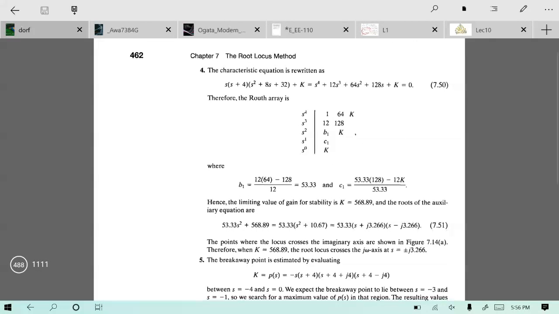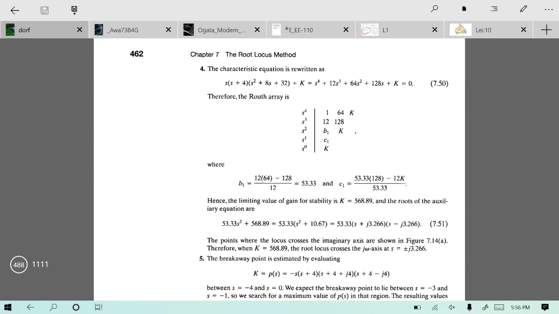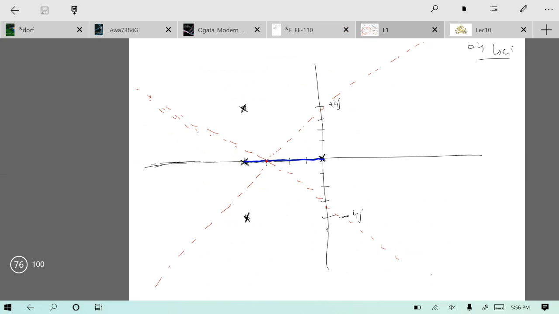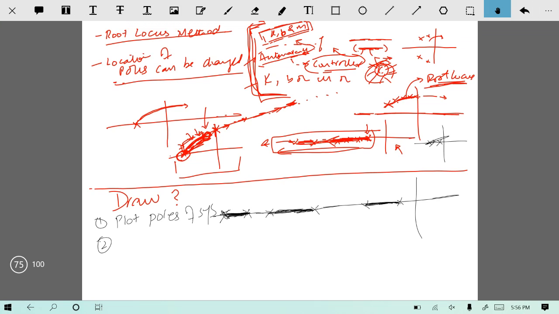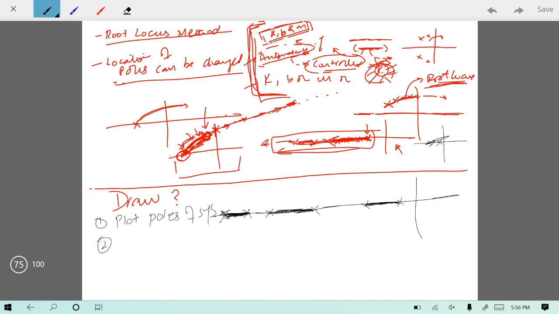Now the next step tells us when the root locus crosses the j omega axis. So let me write it over here. Plot the poles of the system.